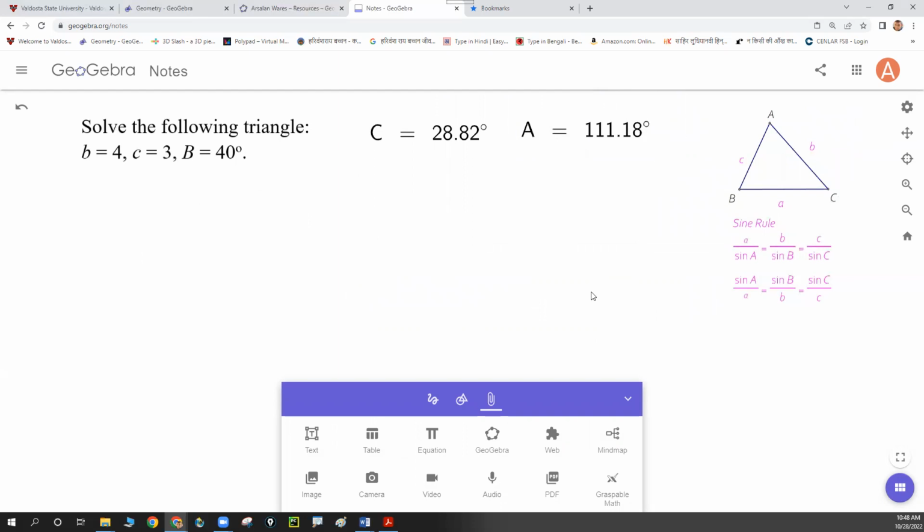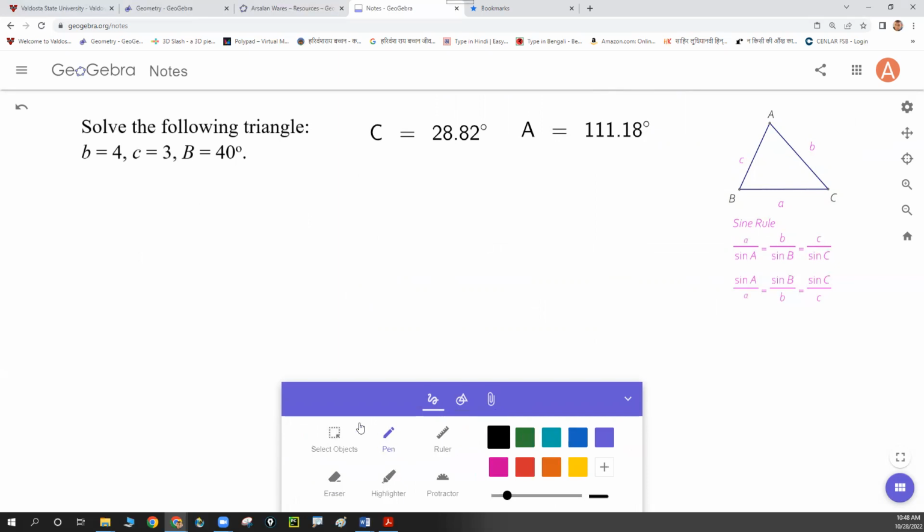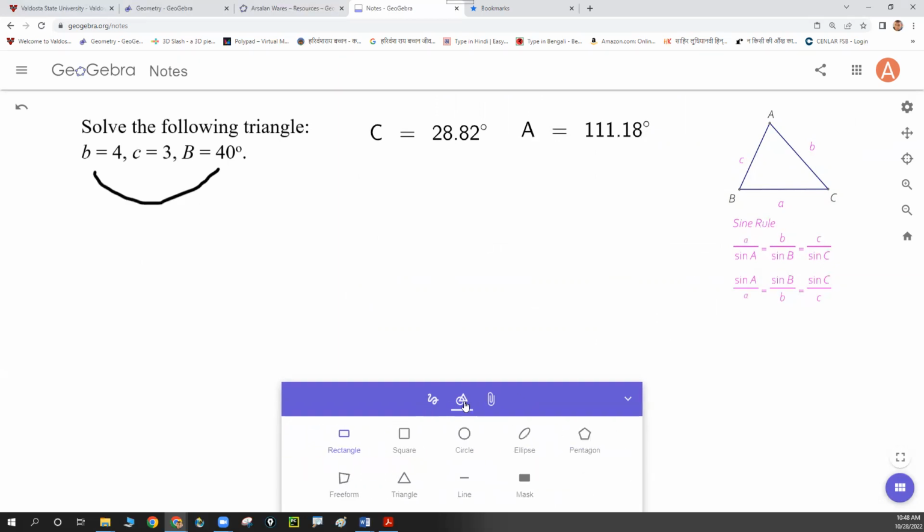Now I know angle A. I can find small a by using this pair, small b over sine capital B. Now the catch is I need to find a, so I'm going to use this part of the formula. This will simplify my work a little bit.